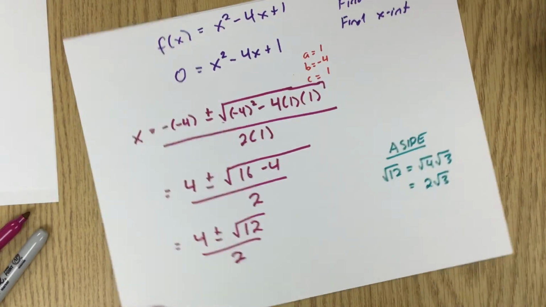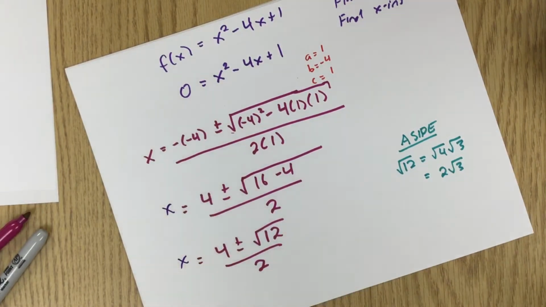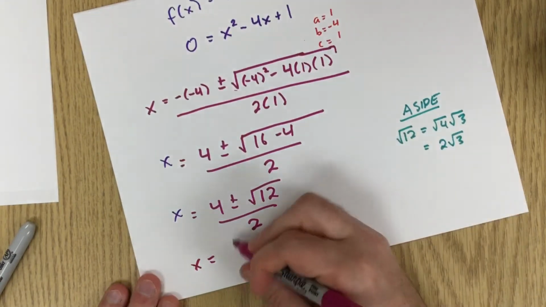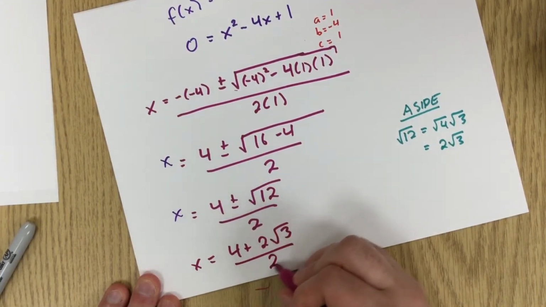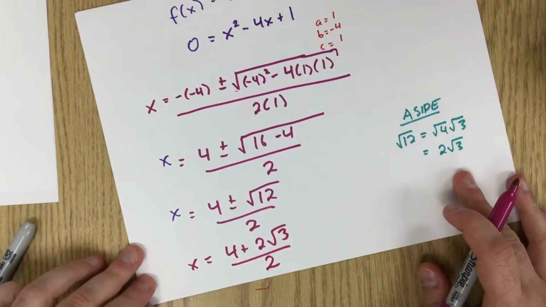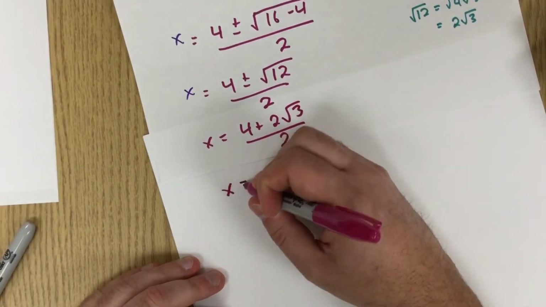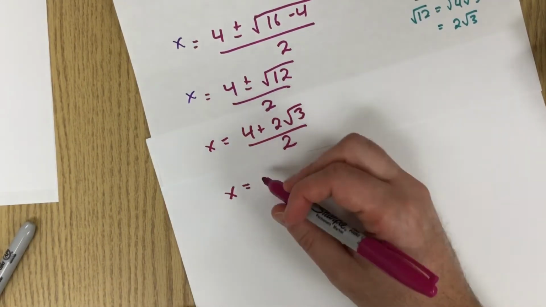So going back to the main line equation, we know that x equals 4 plus or minus 2 root 3 over 2. Now, we're going to do some extra simplifying at this point. We're going to common factor out a 2 from the top.